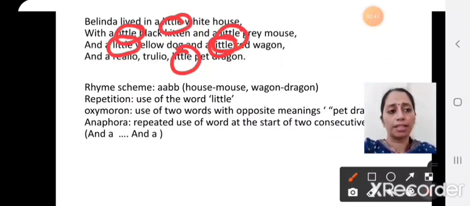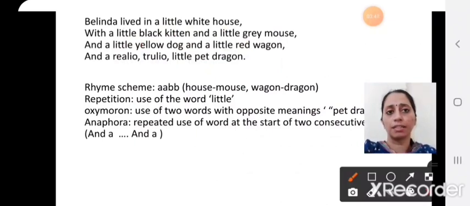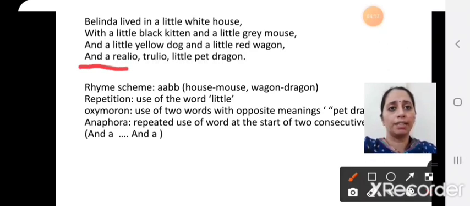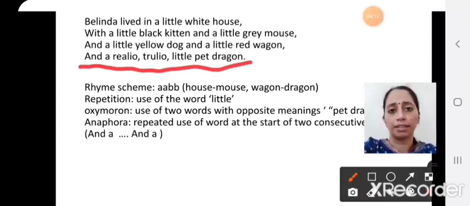Moving on to the next figure of speech, that is oxymoron. Now what's an oxymoron? Wherein two contradictory words are placed in the same line. We also have antithesis. But what's an antithesis? It's different from oxymoron. I'll tell you how. Look at this line. And realio, trulio, little pet dragon.